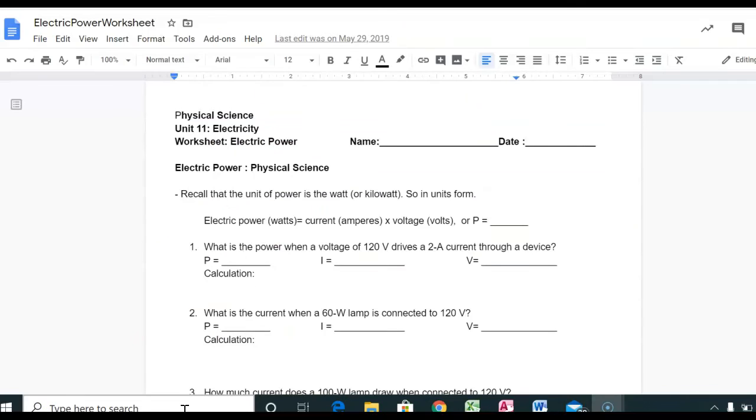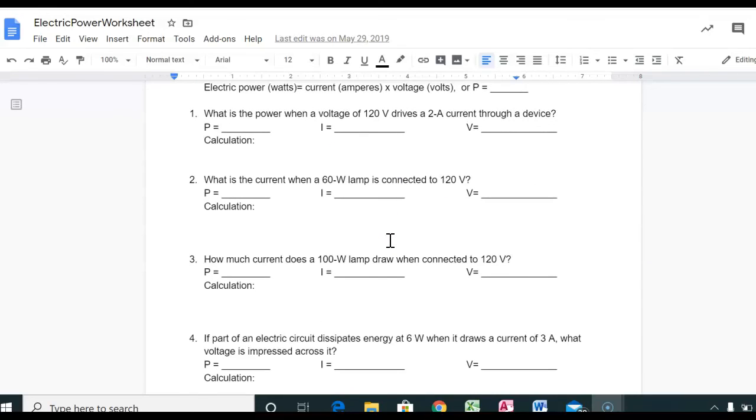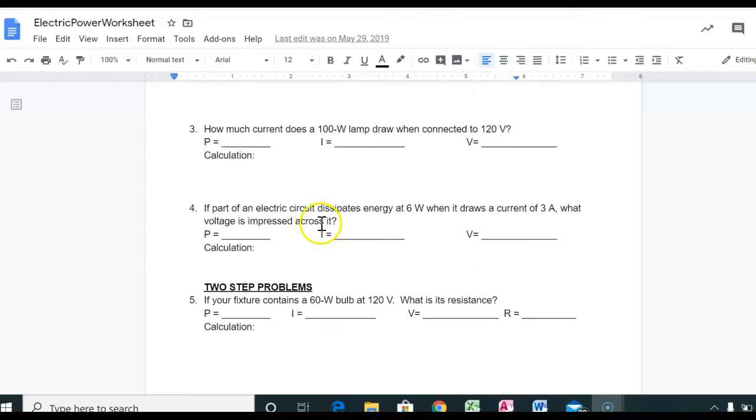So for part of your homework, you're going to see this document posted, and I don't think that I printed this and gave it to you before you left. You have an option. You do not have to print this. I know that some of you don't have that as an ability. You can just write your answers on another sheet of paper, but I want you to go through it. There is some simple calculations here at first, same idea of what it is that we just went through.